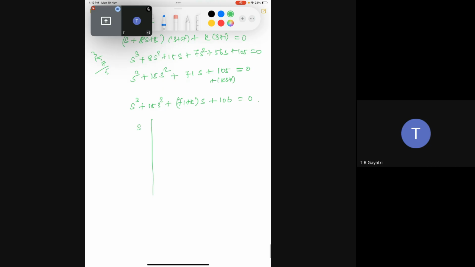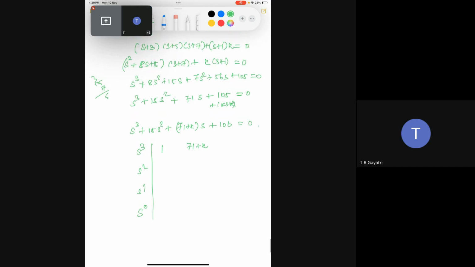So this will become the Routh array: s cube, s square, s power 1, s power 0, with entries 1, 71 plus k, 15, 105 plus k.